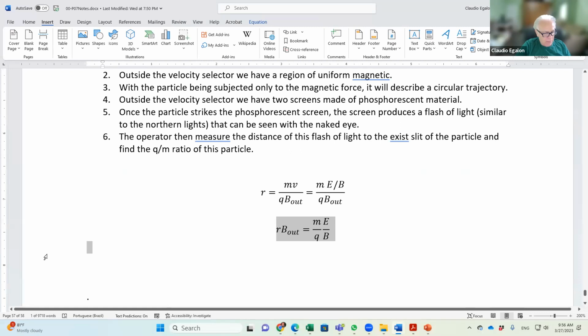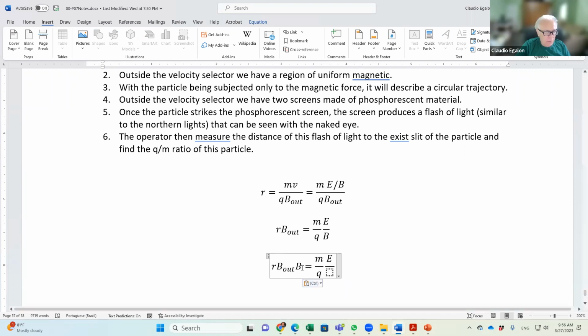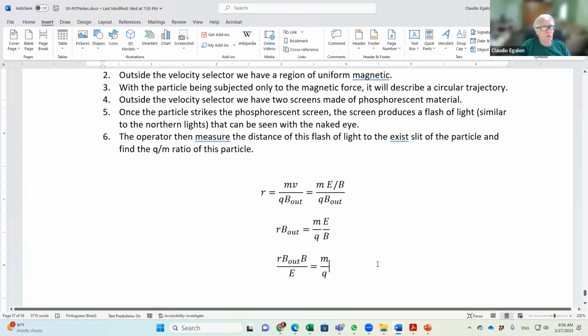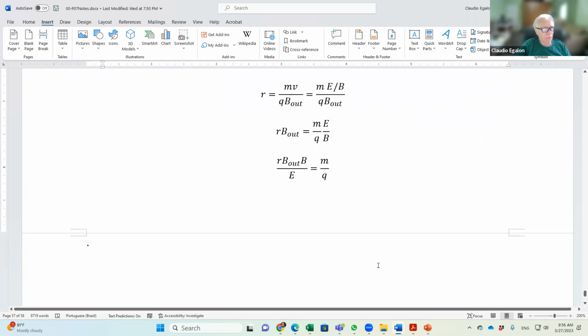And then we pass the remaining part of the equation to the left side. We can call that B in if you want. You measure that, you adjust all those three parameters, and as a result, you can obtain the mass to charge ratio of the particle. If you know the charge, you can find out the mass of the particle.